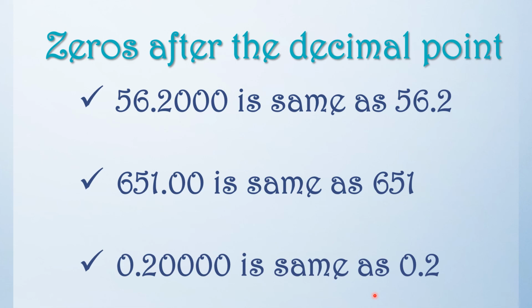And 0.20000, even if you add 4 zeros after 2, it is going to be the same as 0.2. So there is no fun adding zeros after the decimal point. If they are after a natural number, obviously they'll increase its value. But if zeros are after decimal numbers, sorry, no gains.